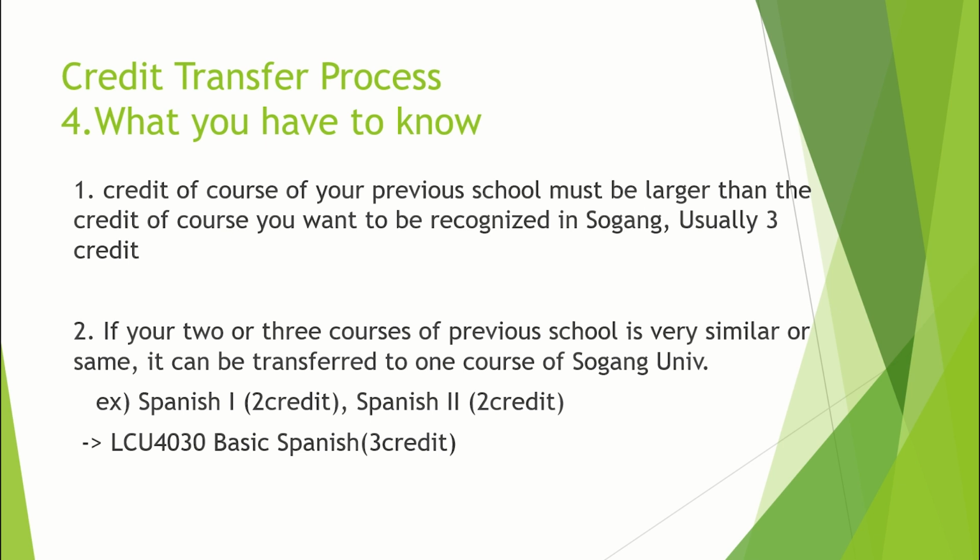But there are some cases, like Japanese students. If you do not have 3 credit courses but you have courses of 2 credits, then they can be combined. You can combine 2 courses into 1 or 3 courses into 1, like that.